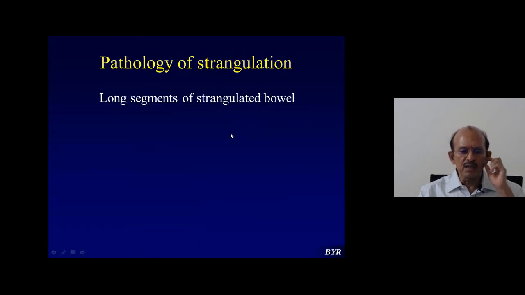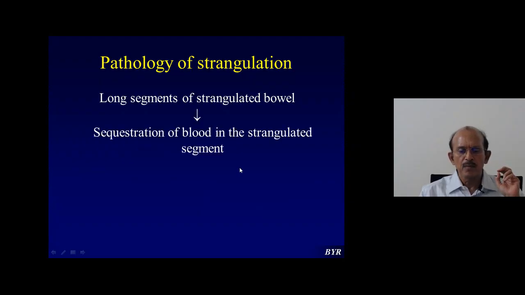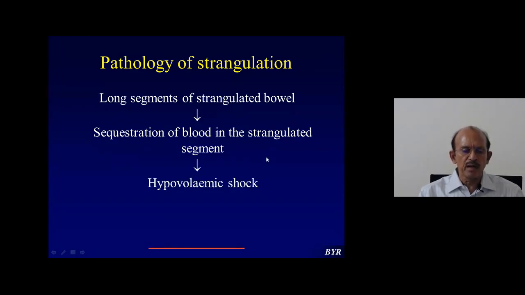If long segments of strangulated bowel are present, in these long segments there will be sequestration of blood because veins are blocked, arteries are blocked. So the circulating blood will completely get sequestrated in that splanchnic vascular segment. This can lead to sequestration of a large amount of blood, which can lead to hypovolemia.